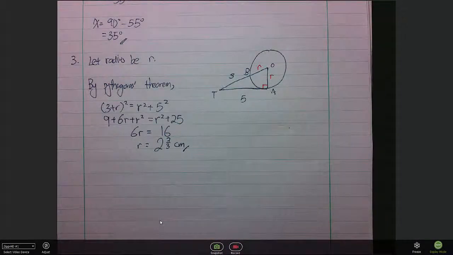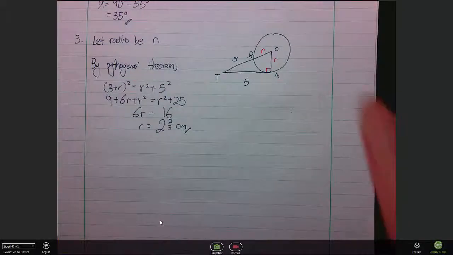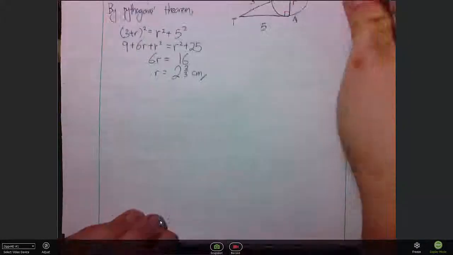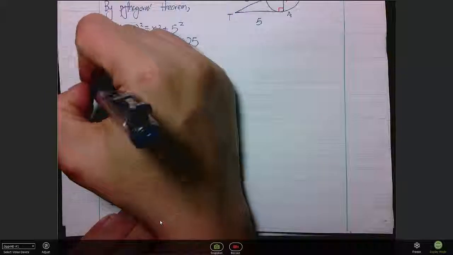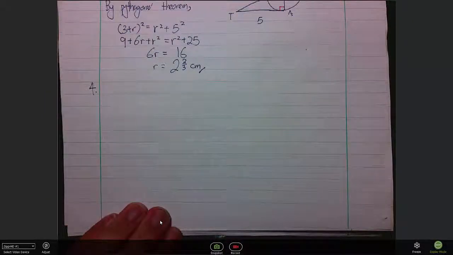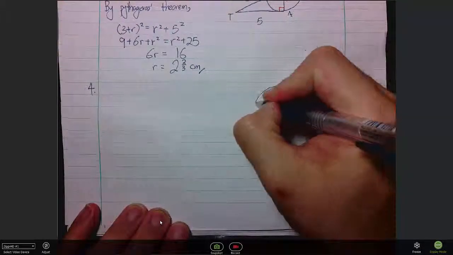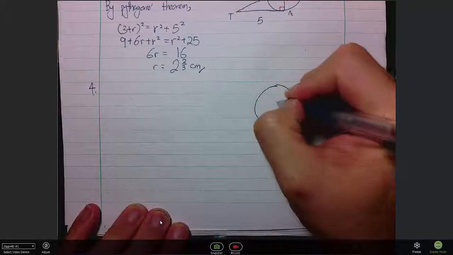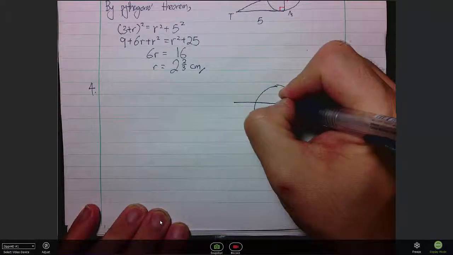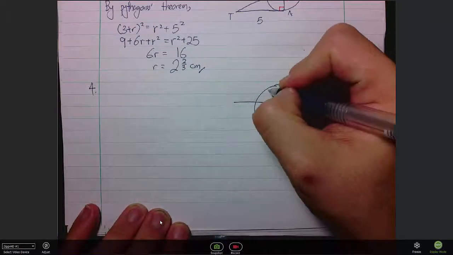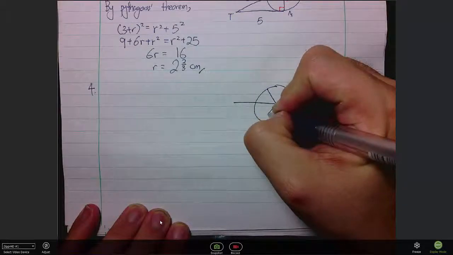I do the next question for you, question 4. Find the marked unknown angles and sides. There's O, then we have something like this.